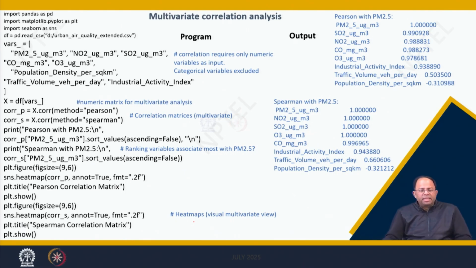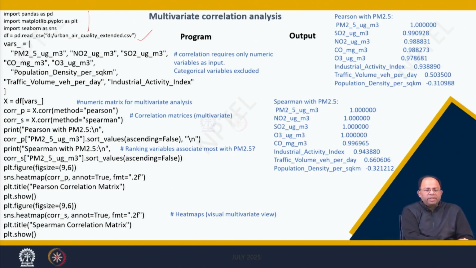Coming to a Python example, this is the Python program where we are doing a correlation analysis. The dataset used is the same one that we have been using, the PM 2.5 prediction dataset. We import pandas, import matplotlib, import seaborn as sns, and then we load the dataset into the data frame. This part is pretty standard.